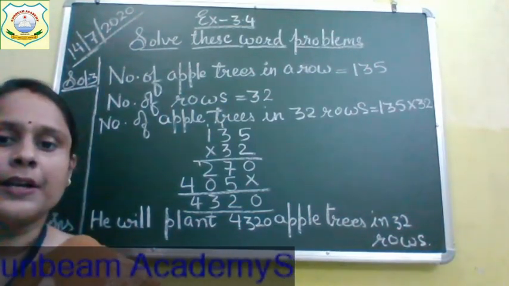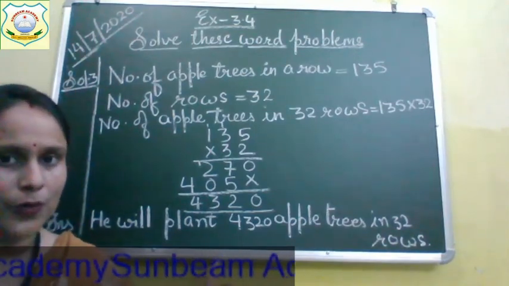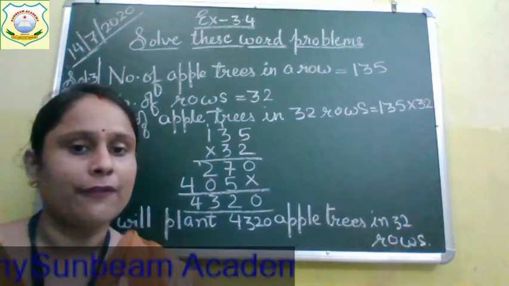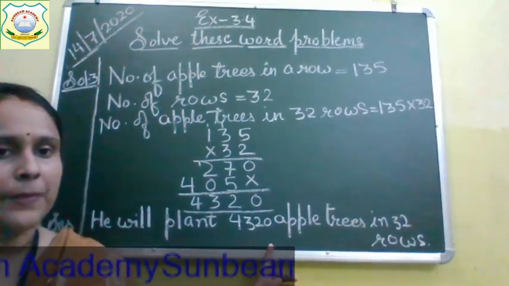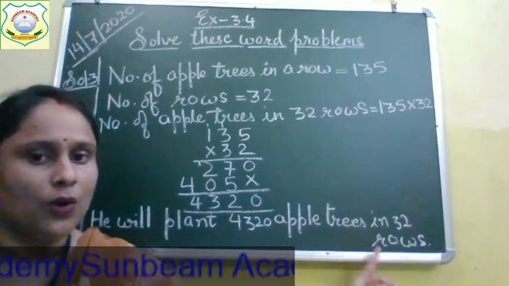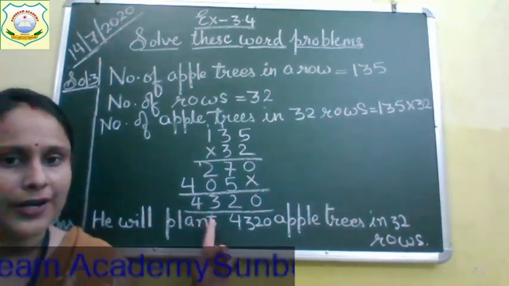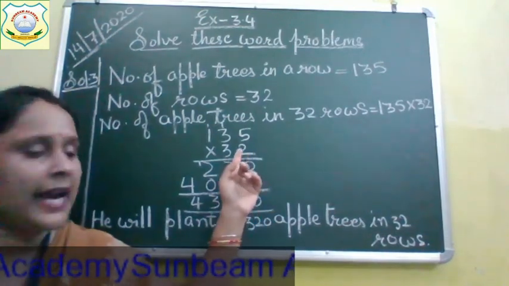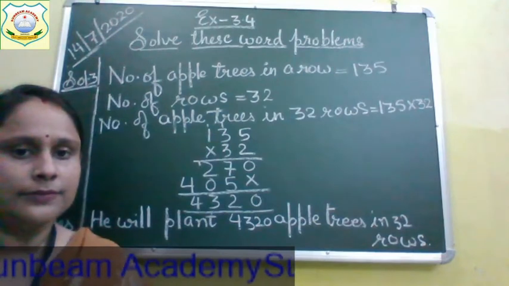So children, now note down the solution of your third question in your notebook. What we will do? We will multiply 135 by 32 to get the total number of apple trees in 32 rows. Multiplication you have already learned. First we will multiply with 2 and then we will multiply with 3.